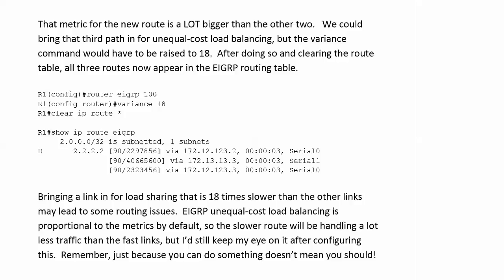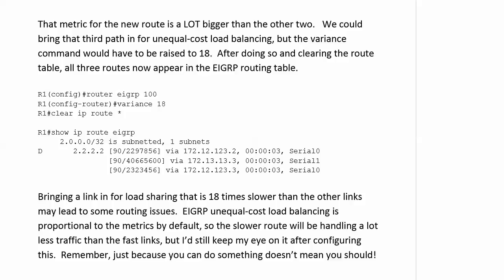Now here's the deal. EIGRP unequal cost load balancing is proportional to the metrics by default. So EIGRP in this case would not try to shove 1/3 of the load on each of the 3 links, because EIGRP is very smart and it's going to look at this and say, okay, I've got two links that are pretty close to each other, and I've got one link that's much slower, 18 times slower, so it would proportionally divide the load up.